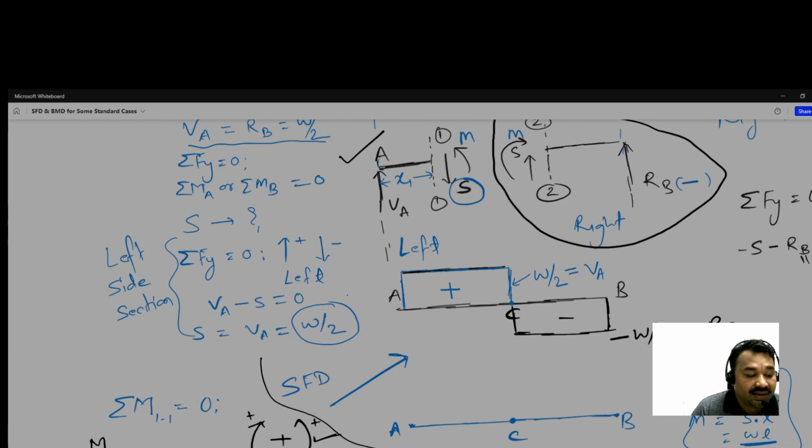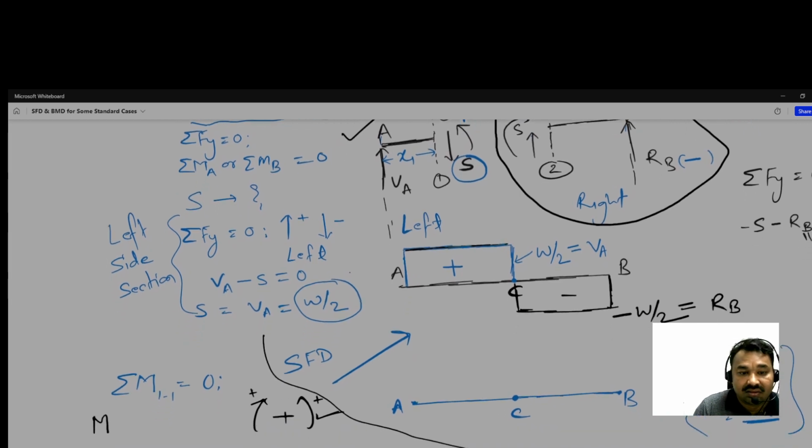So VA will be in minus sign. Okay, VA multiplied by, and we are taking moment about section A, section 1-1. That's why it is multiplied by the x1 distance, which is equal to 0.